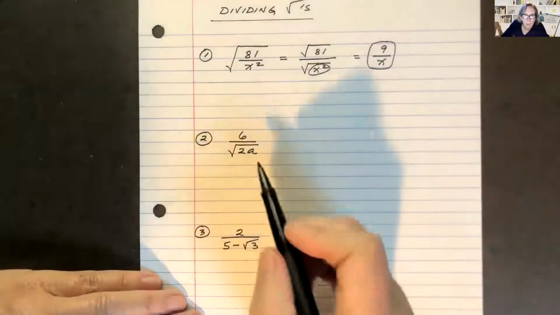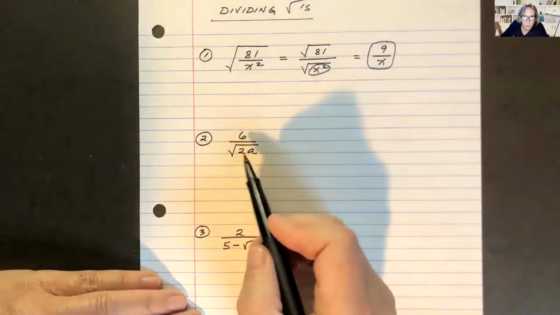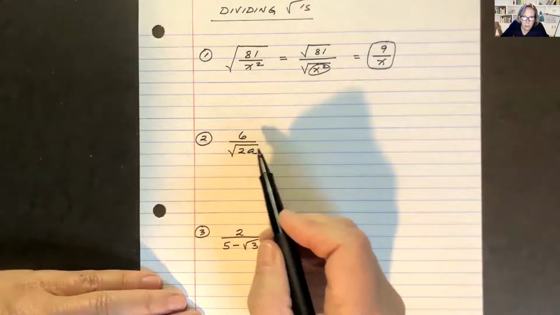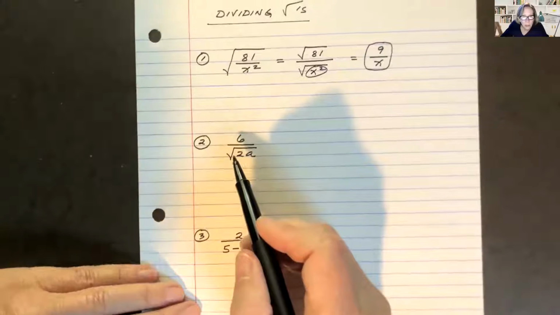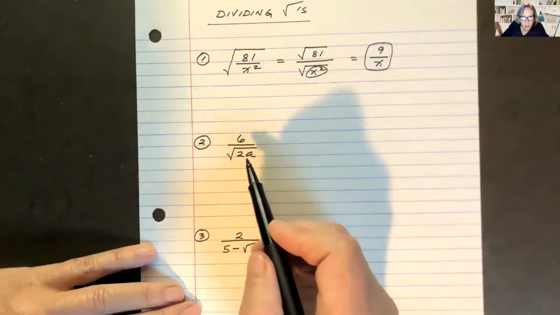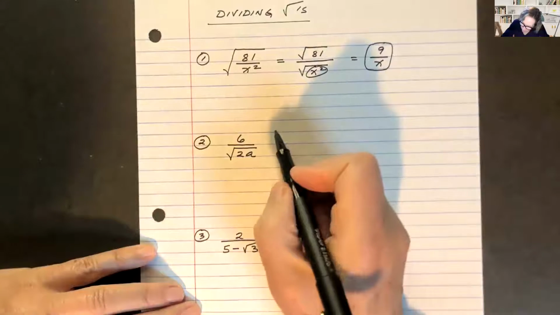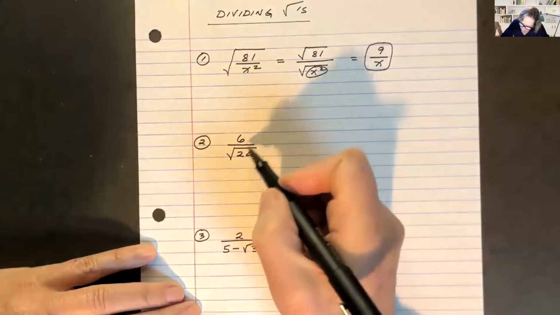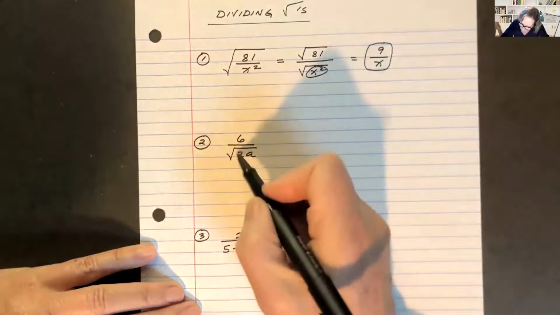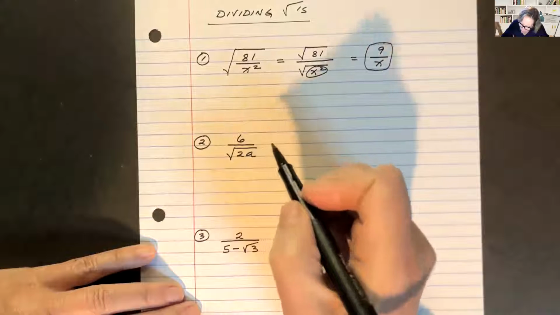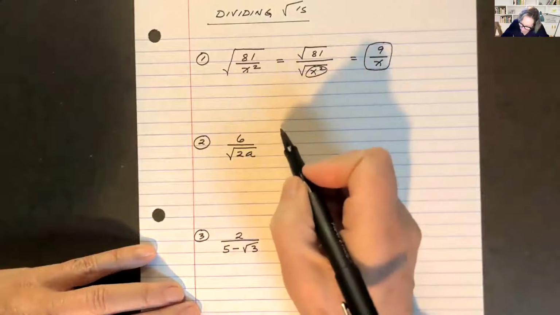My second one, I've got 6 over the square root of 2a. Right away, it's illegal. It's not considered a convention to leave a radical in the denominator of a fraction. So we're going to use something called the big fat 1 to get it out. There is nothing that I can multiply this whole thing by except for 1 to leave its value the same.